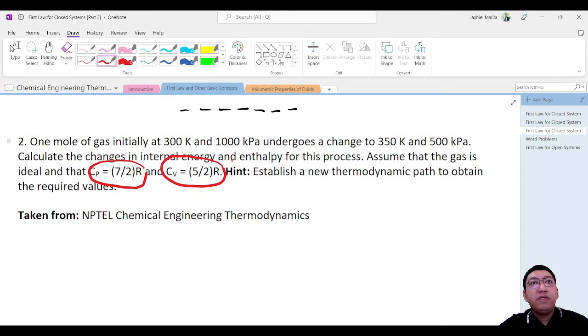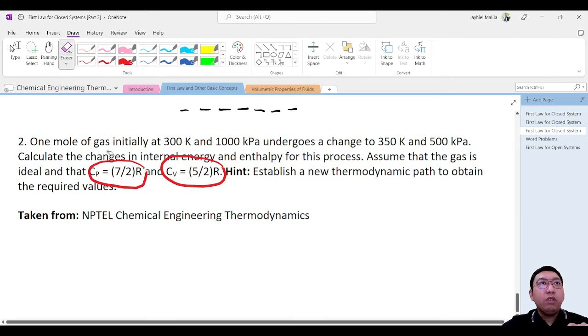As mentioned in the previous video, we have to embrace that idea that they are state functions, and regardless of the various alternative paths that you might be taking to get to the final destination, the value of your internal energy and enthalpy will still be the same because they are path independent thermodynamic functions. So let's try to demonstrate this.